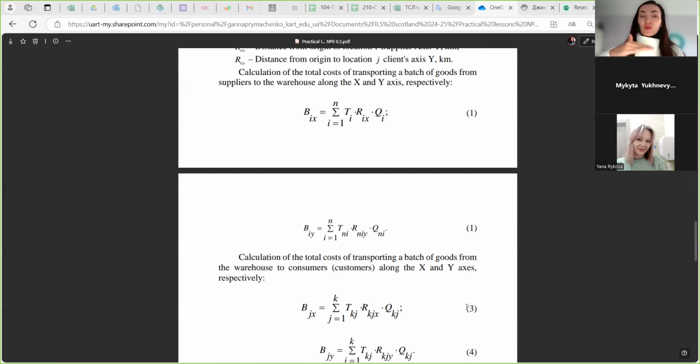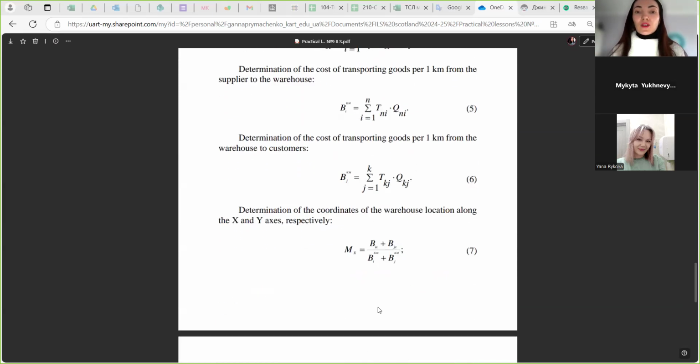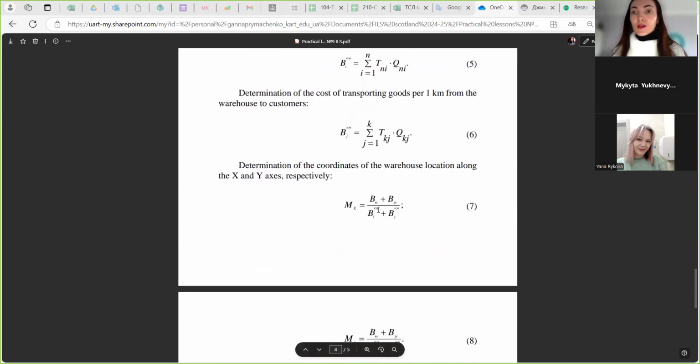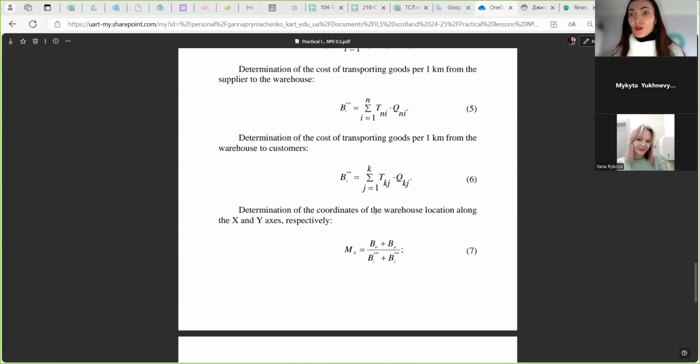And in our denominator, in the lower part of our formula, we find the result of our formulas of 1 kilometer. The cost of 1 kilometer is formula number 5 and number 6. So we write the result of formula number 5 plus the result of formula number 6 and calculate how many kilometers we need for location of our warehouse by axis X.